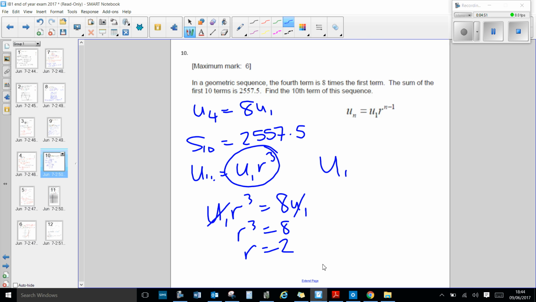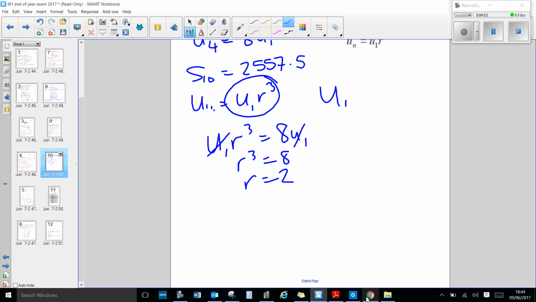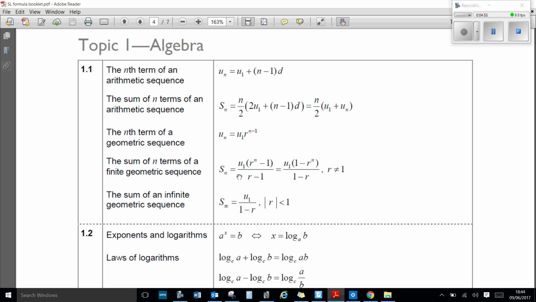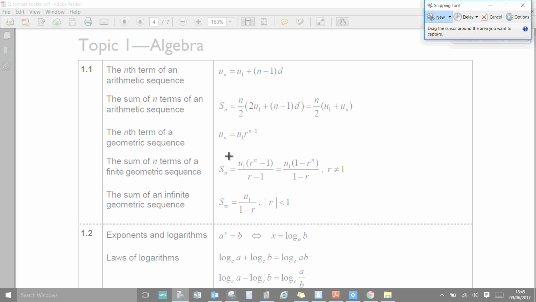Okay, so we found r, and we know the sum of the first 10 terms, so we're looking at the sum formula for a geometric sequence. We want this version here because r is not a fraction.